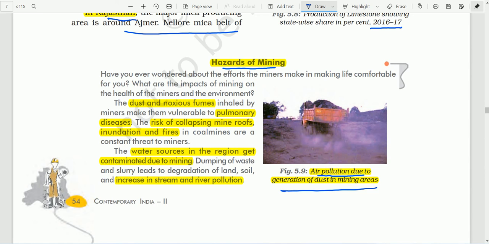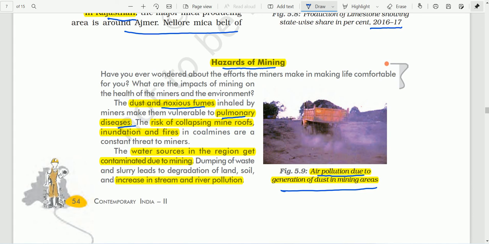The dust and the noxious fumes inhaled by miners make them vulnerable to pulmonary diseases. Noxious means injurious to physical or mental health. Fumes means gases ejected as a waste product.